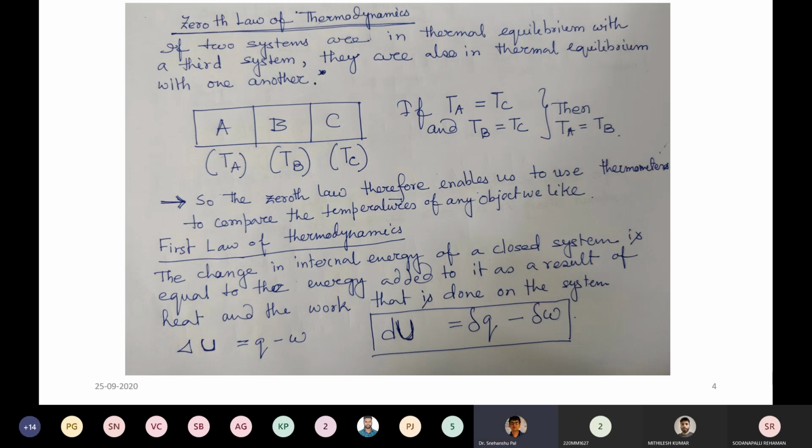First Law of Thermodynamics. What it is telling is that for a closed system, the change in internal energy is a result of heat and work. So the change in internal energy equals Q plus W, which are... Internal energy is a state function of a thermodynamic system.